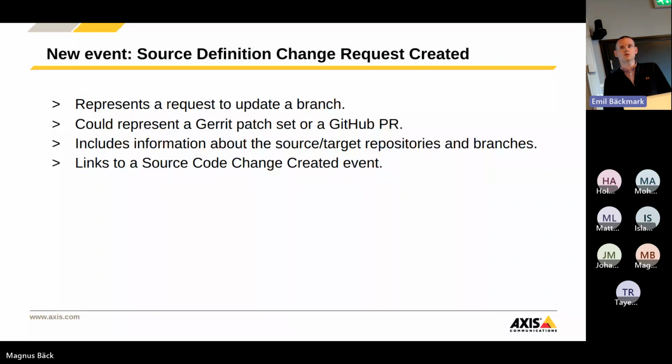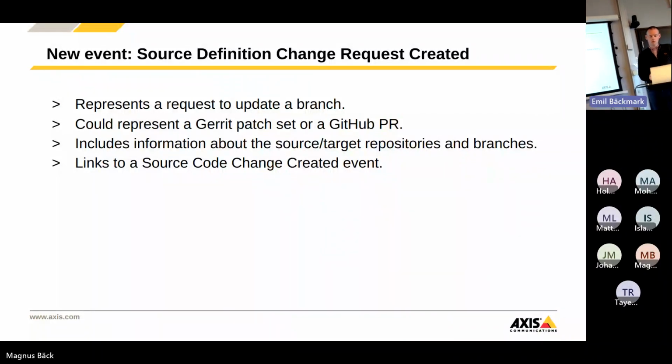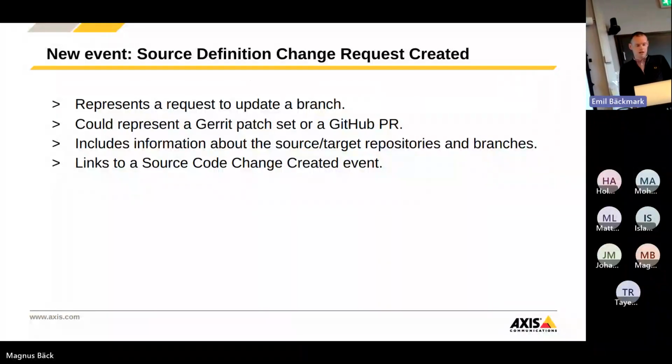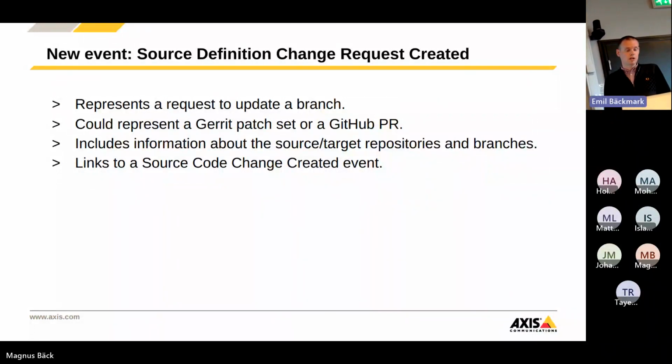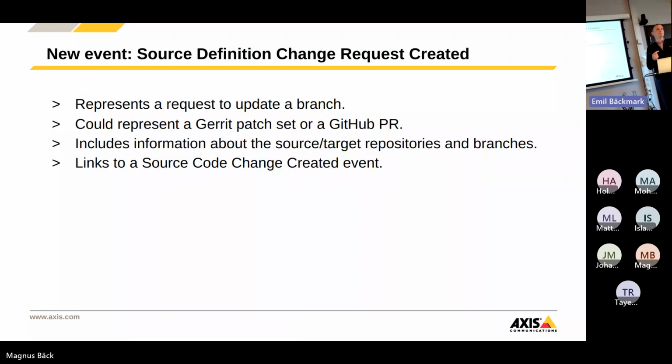So the target branch could be master, the source branch would be refs/changes/something/something. If you know Gerrit, you're probably familiar with that. If you don't know Gerrit, you don't know what I'm talking about. And this one would link to the source code change created, the commit event. So this one would basically say that a request was made to update a particular branch to this commit.